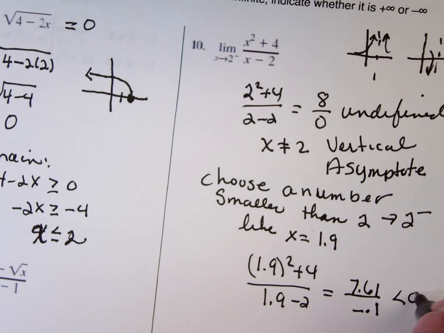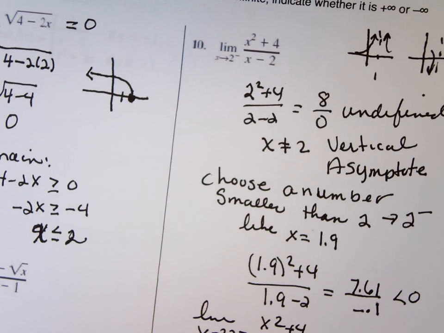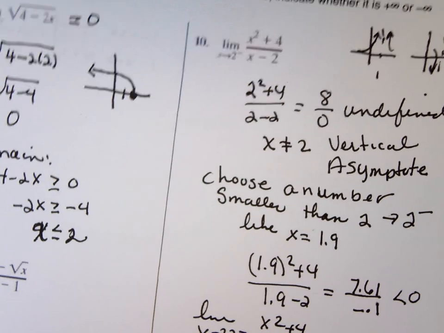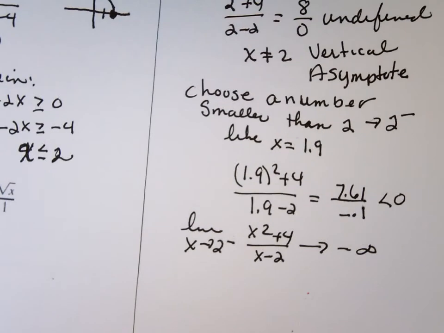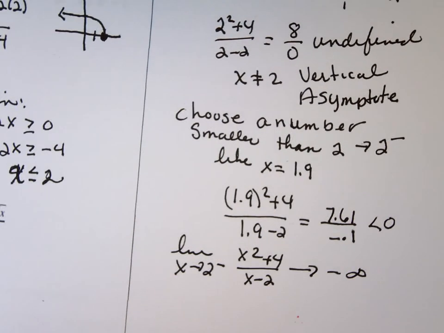Negative. What that says now is that the limit as x goes to 2 from the left of x squared plus 4 over x minus 2 goes to negative infinity. It says it's going down on that side. And why? Because what I'm dealing with is a negative number.